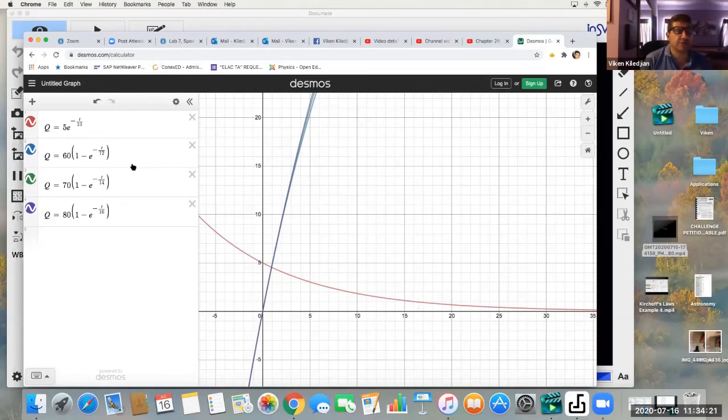So then we can say, what happens if I keep the resistance the same again, but only change the capacitance? And what happens if I keep the capacitance the same, only change the resistance? Let's do the first one.